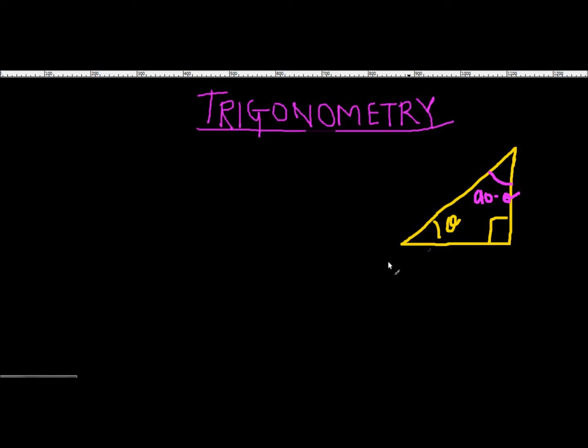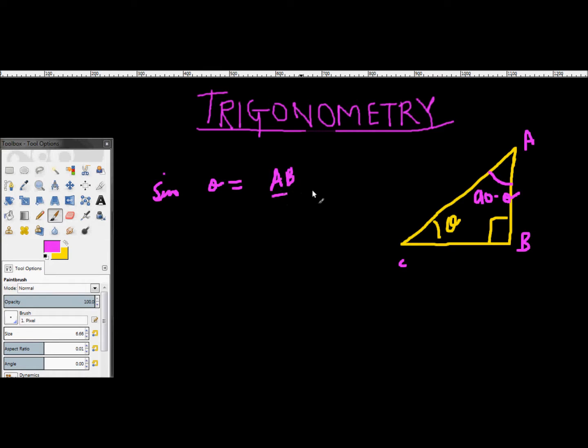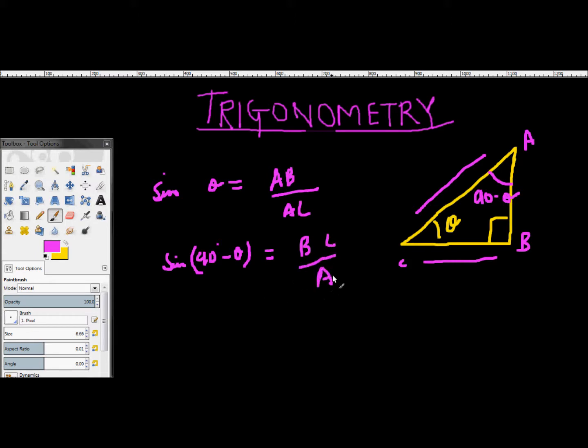And now when you say sine theta in triangle ABC, sine theta is equal to AB upon AC, and similarly guys, you have sine of (90 minus theta), this is just in brackets so that you guys don't get confused, equal to, as you can see, in this case the perpendicular would be this and your hypotenuse will still remain the same, so it'll be BC by AC.